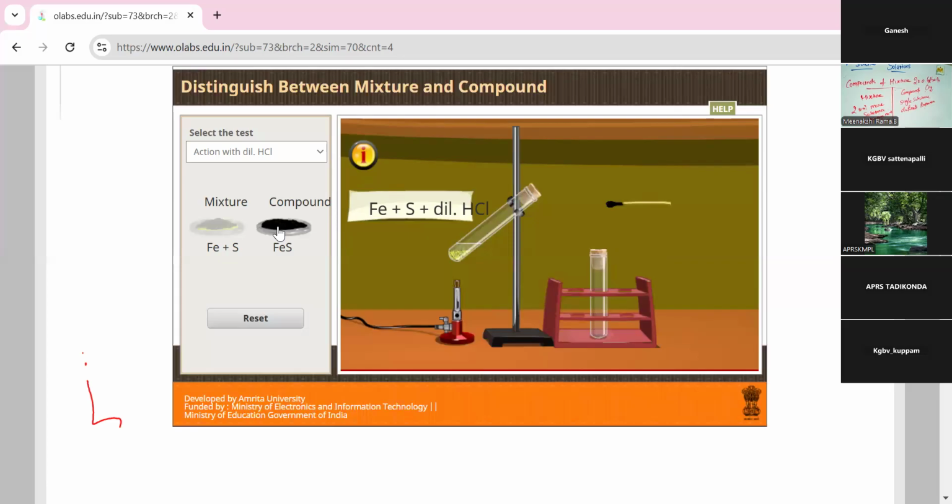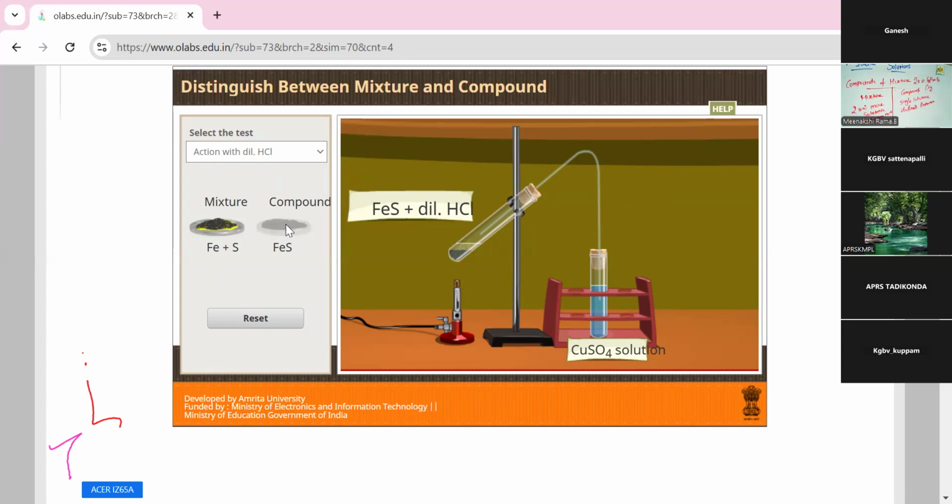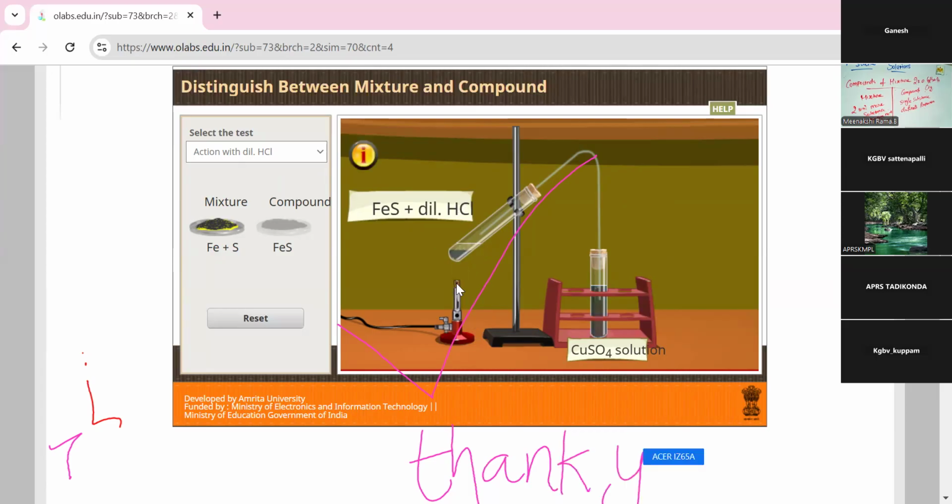Sorry, it is not functioning right. So the second test I am choosing now. The burner is in position. Yes, the action was done here. And then I remove the test tube.